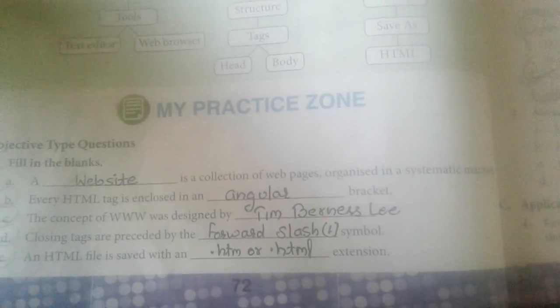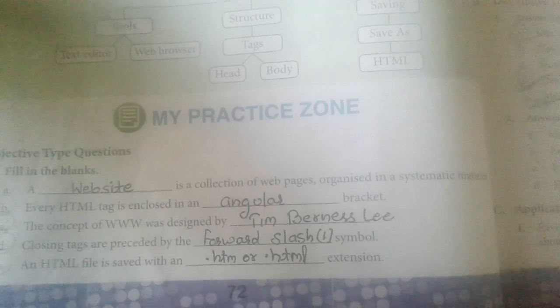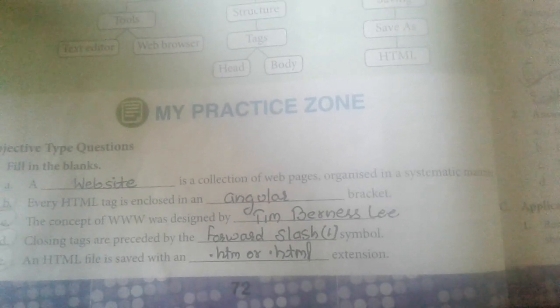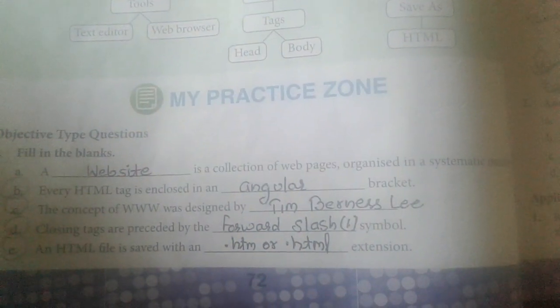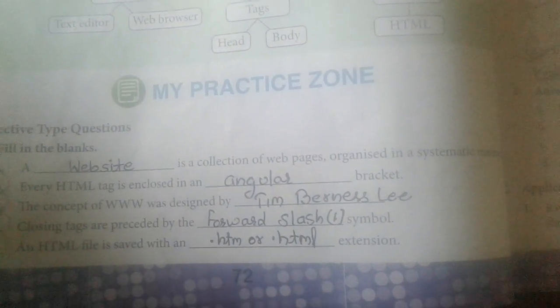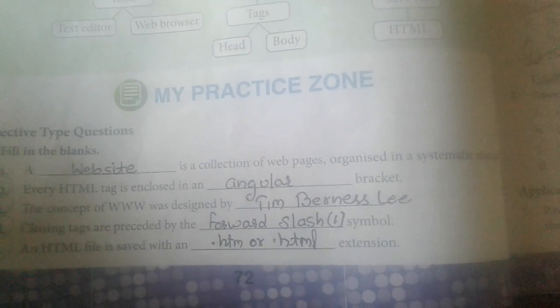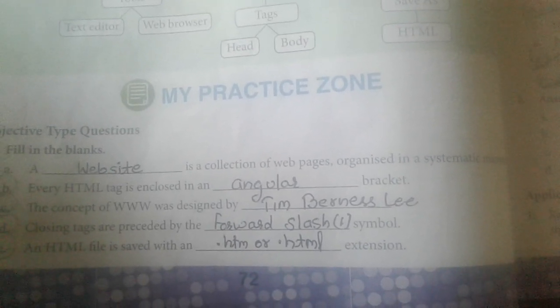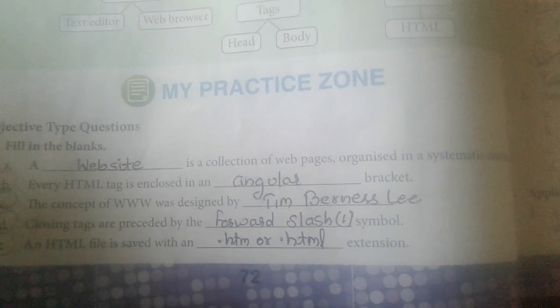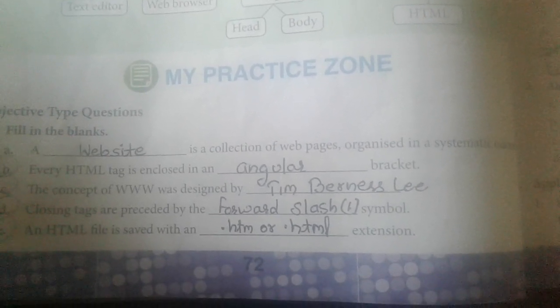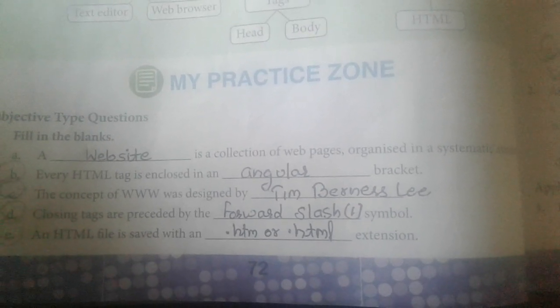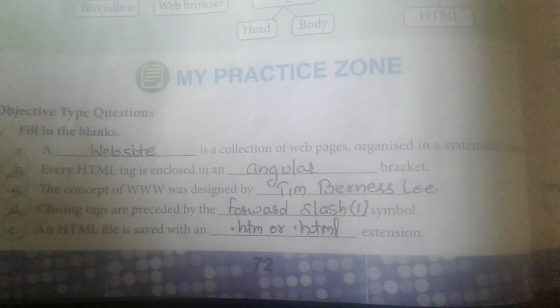Then the next one: an HTML file is saved with an extension. Whenever we make an HTML file in our notepad and save that file, we have to give it an extension of .htm or .html. Both extensions work whenever you save the notepad file.